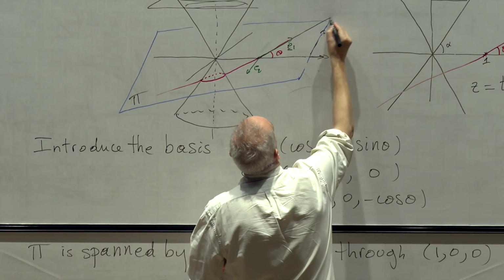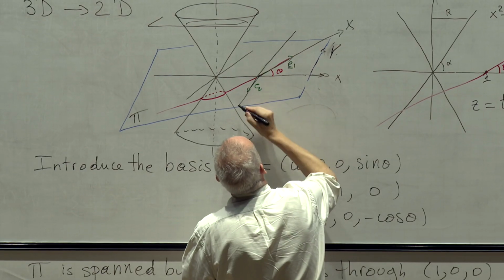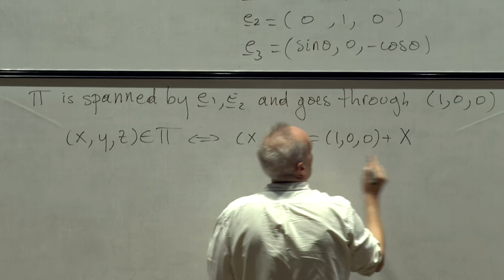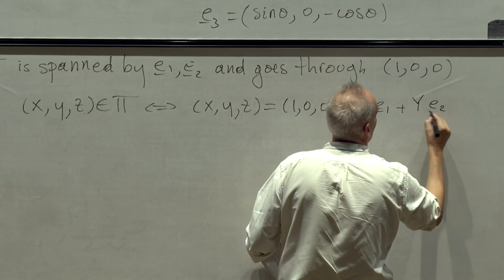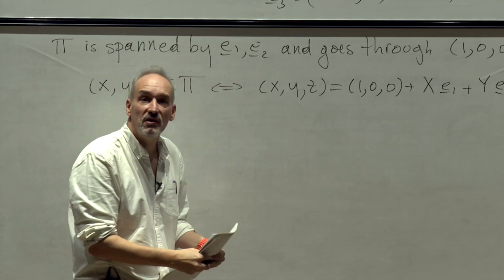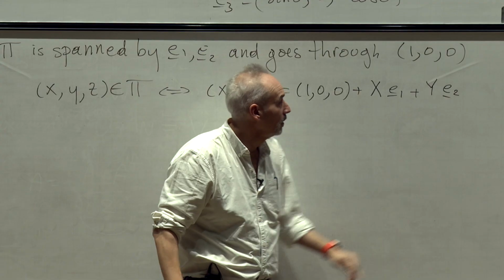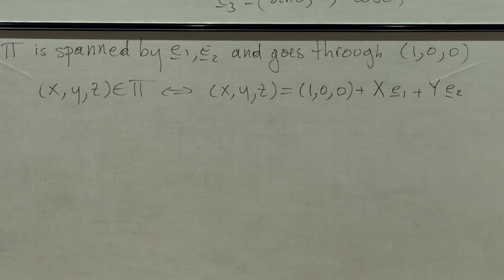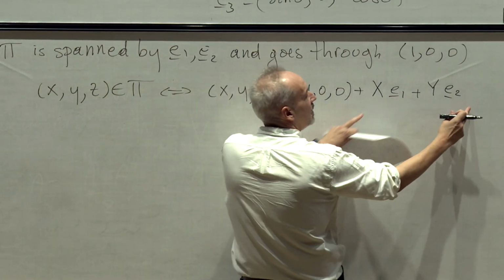So this is my new axis, capital X, and Y along E2. So it's X E1 plus Y E2. Remember, these are the equivalent of the lambda and mu that we had before. I just called them X and Y, and these are coordinates in this plane, XY.